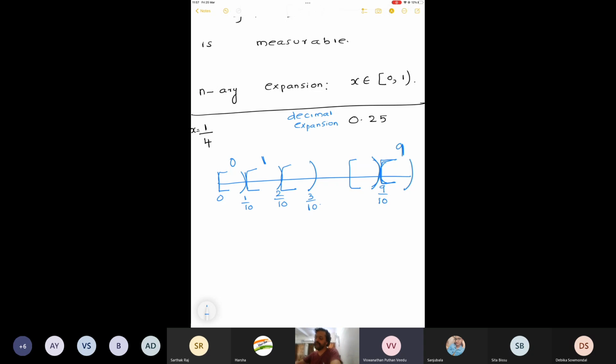Assume you don't know 0.25. You know 1/4, and from 1/4 you determine which interval it lies in. Is it that difficult? Do you see that it will be in [2/10, 3/10)? So here it lies. And what is the label corresponding to that interval?